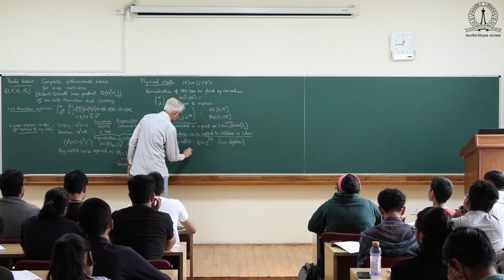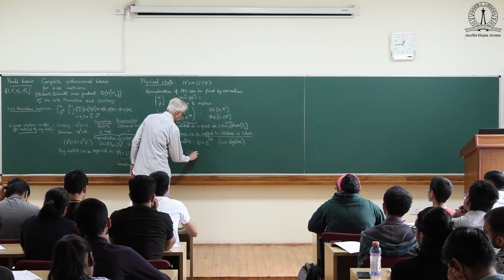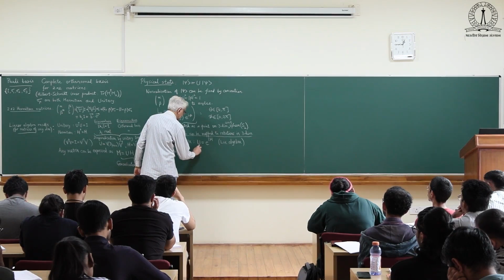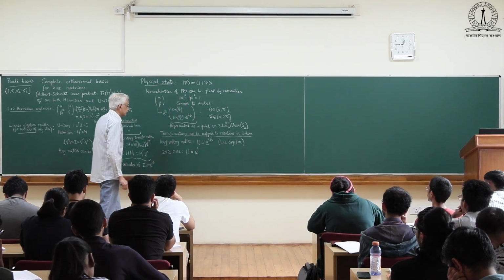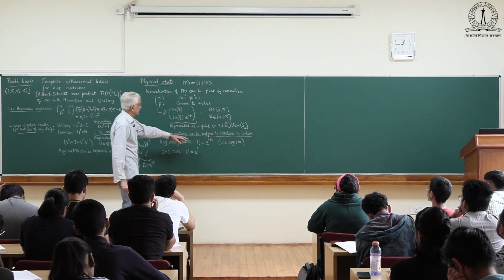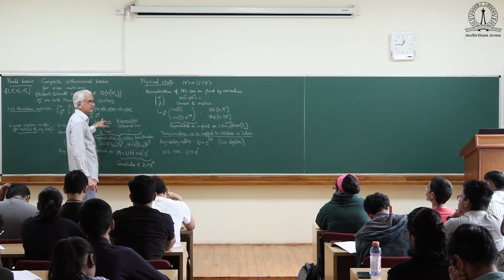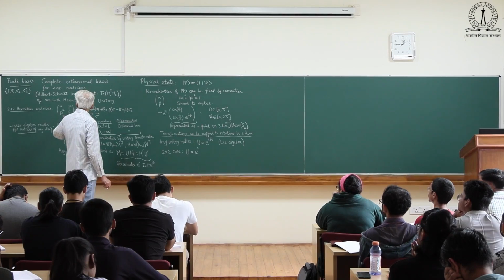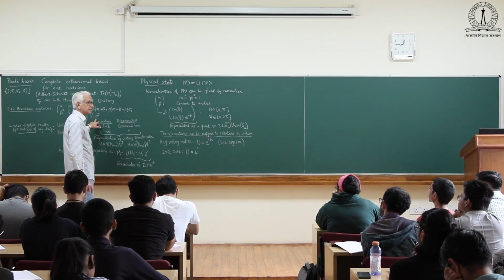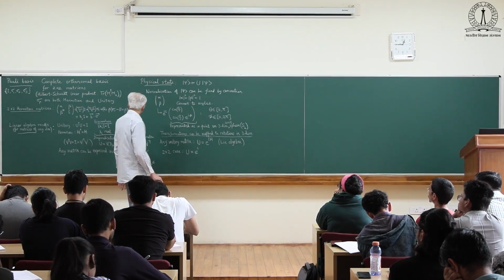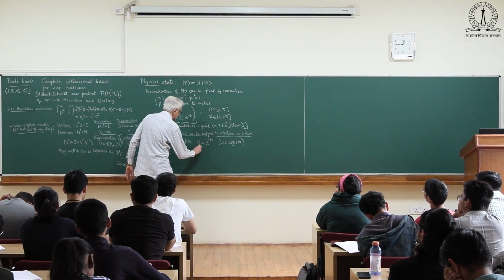So I can write U is equal to e raised to i, and any Hermitian matrix I can expand in this basis, because it's identity times Pauli matrix combination.